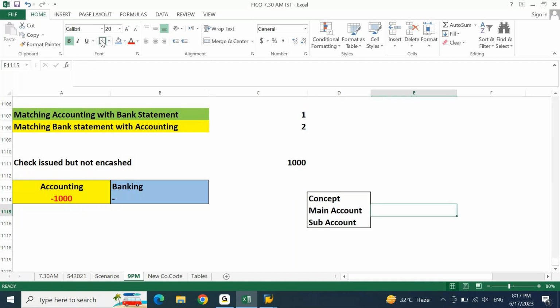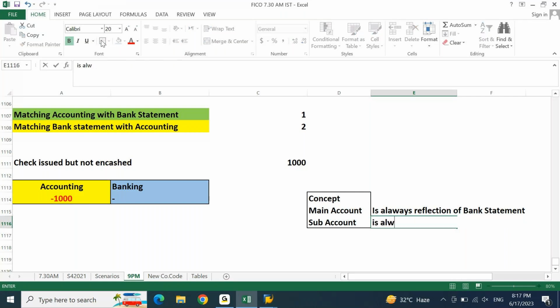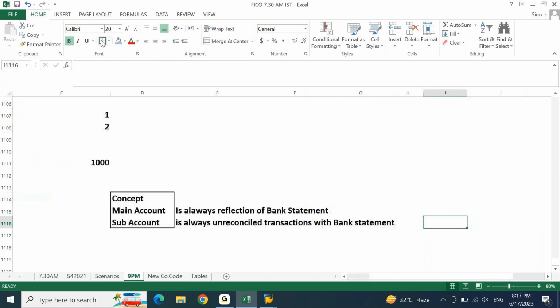Now your main account is always a reflection of the bank statement. Sub account is always unreconciled transactions with the bank statement.